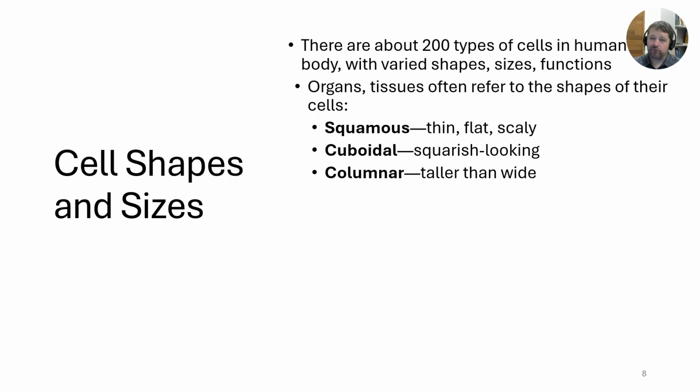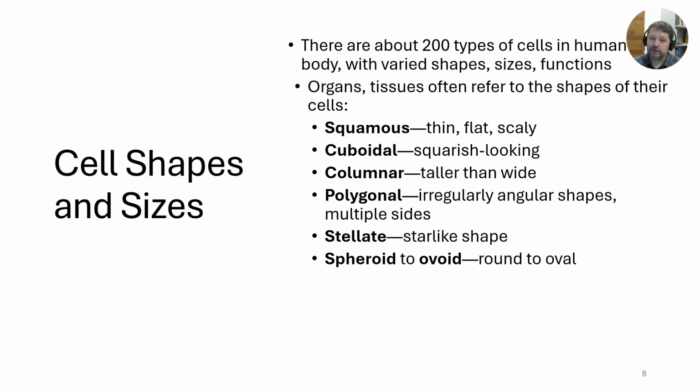So whether that be the shape or size of the structure, like squamous or thin, flat, scaly cells, cuboidal or squarish looking cells, columnar or long, kind of wide column-like cells, okay? Polygonal, stellate, ovoid, or spheroid, okay? All kinds of different shapes of cells.